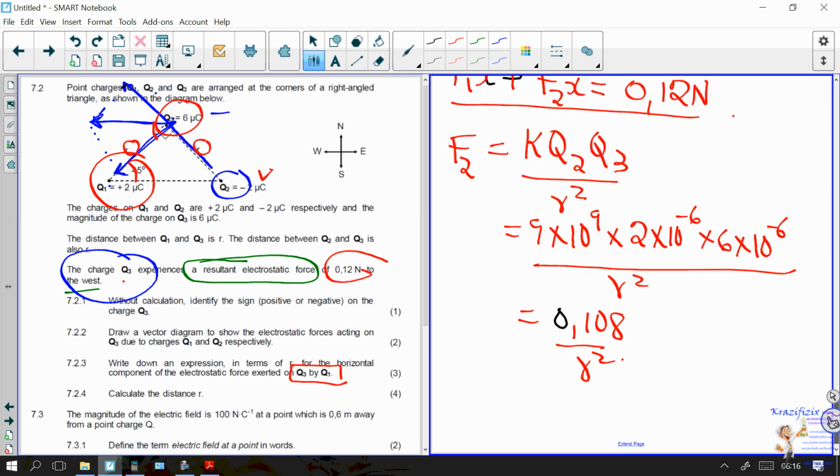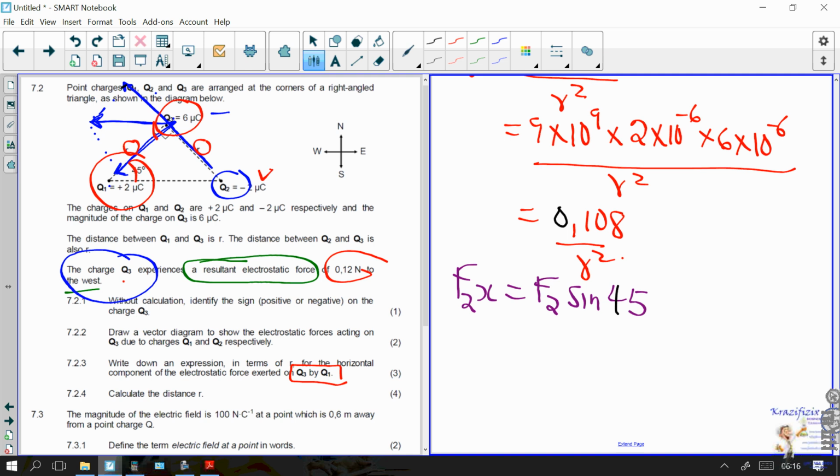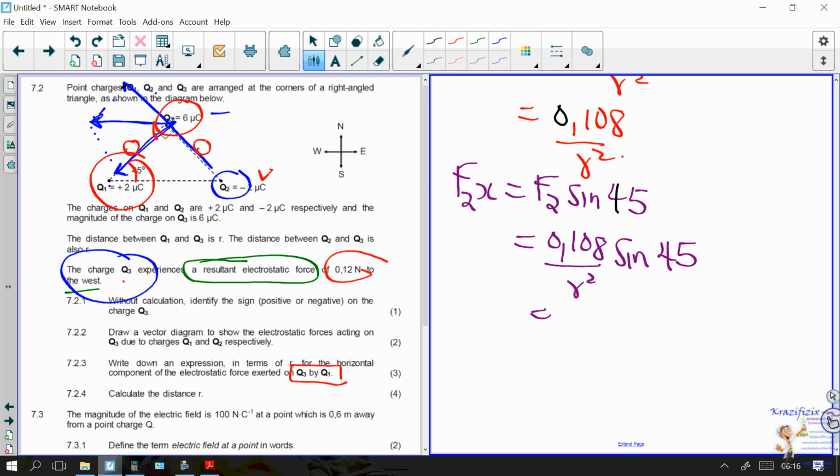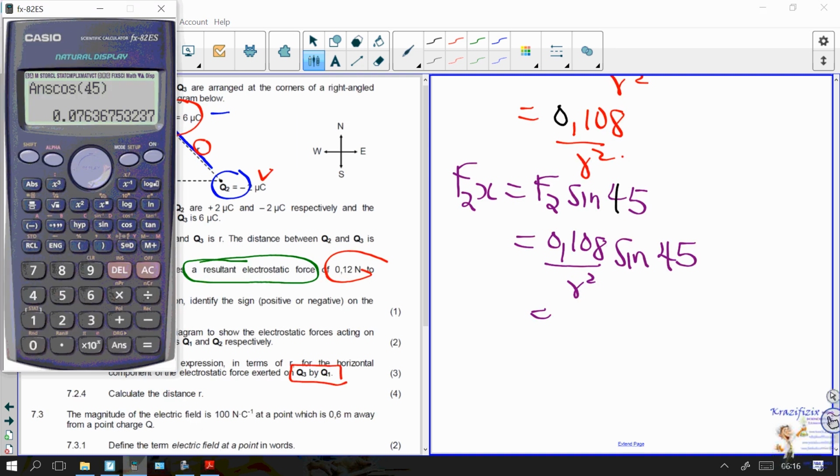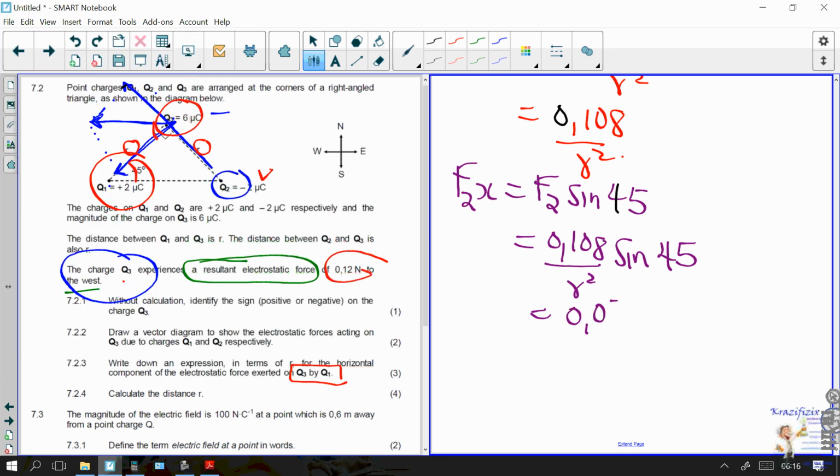So can I come back here and say my F2x is what? F2 sine 45, which is basically 0,108 over R squared sine 45. And if you know your mathematics, sine 45 and cos 45 are basically the same. So I'm going to have 0,076 again. 0,076 over R squared. I hope that makes sense so far.